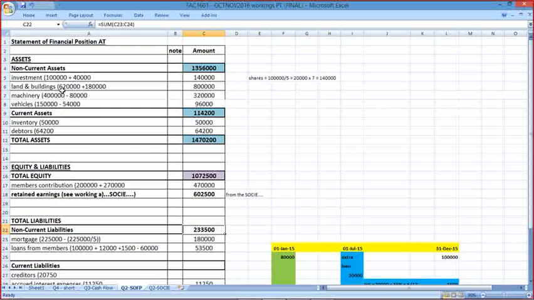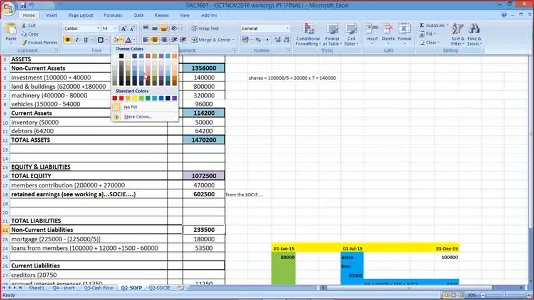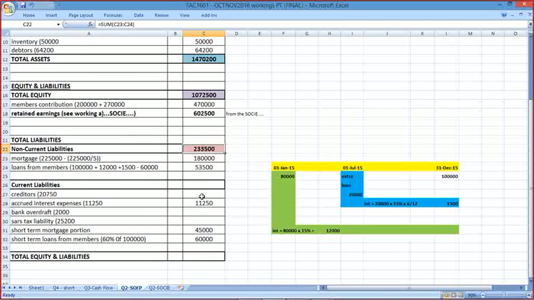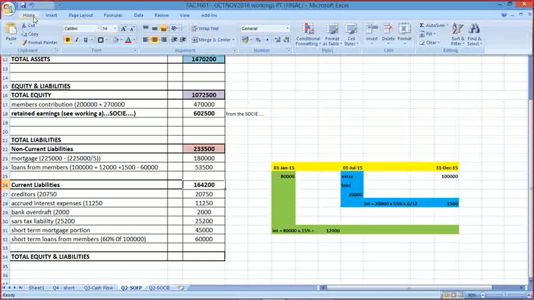Okay, there's my non-current. And then I need to add up my current. So 2750, 2000, 250 there. Okay, equals sum up. Right, there's my non-current and current.